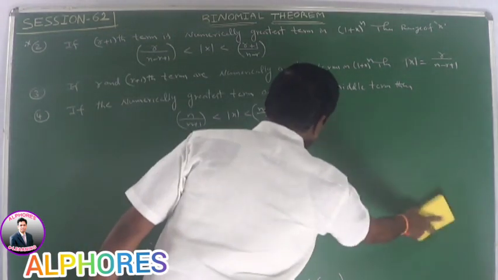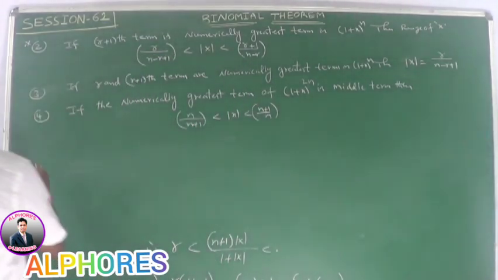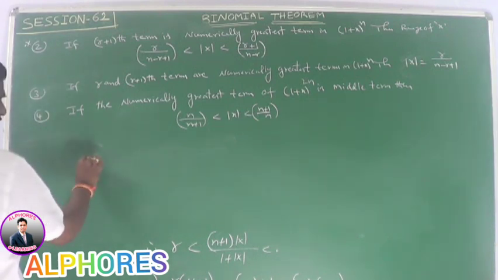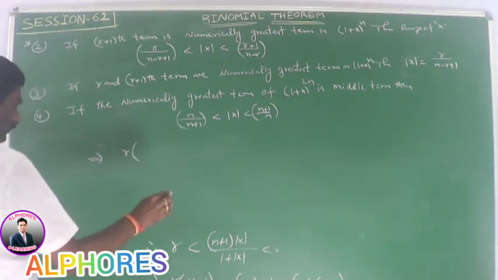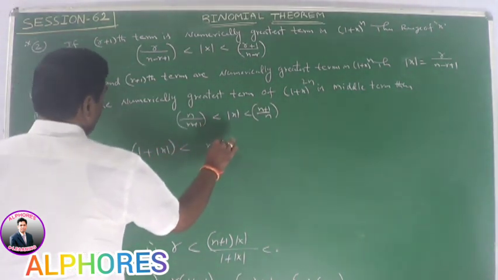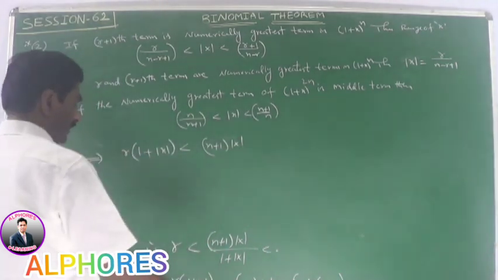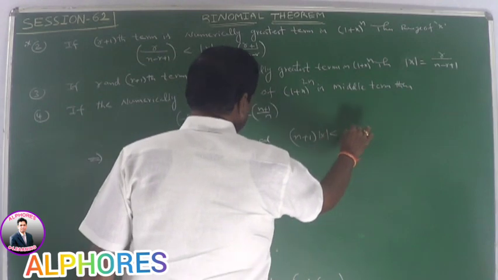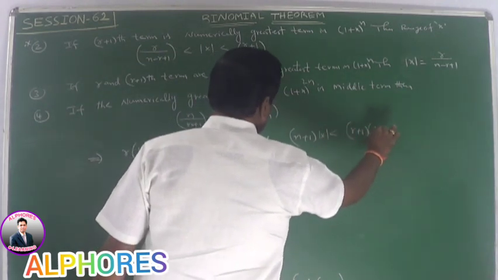Next, what is the meaning of a less than b less than c? It means a less than b and b less than c. That implies r into (1 plus mod x) is less than n plus 1 into mod x, and n plus 1 into mod x is less than r plus 1 into (1 plus mod x).